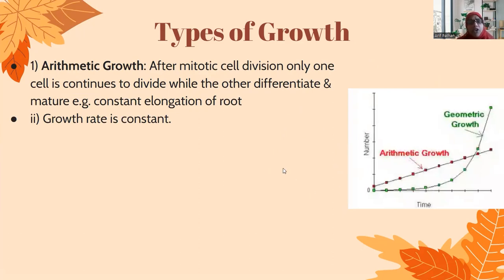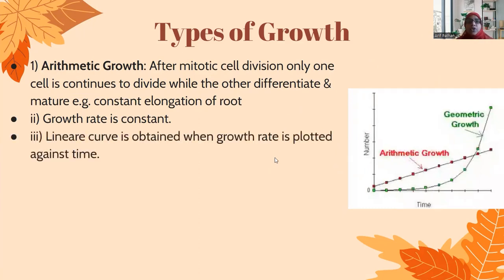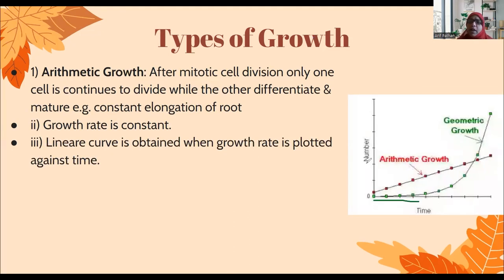It will be a very constant and same pace growth. So you will have a linear curve. With respect to time, the number of cells will also increase gradually. When growth is plotted against time, a linear curve is obtained.